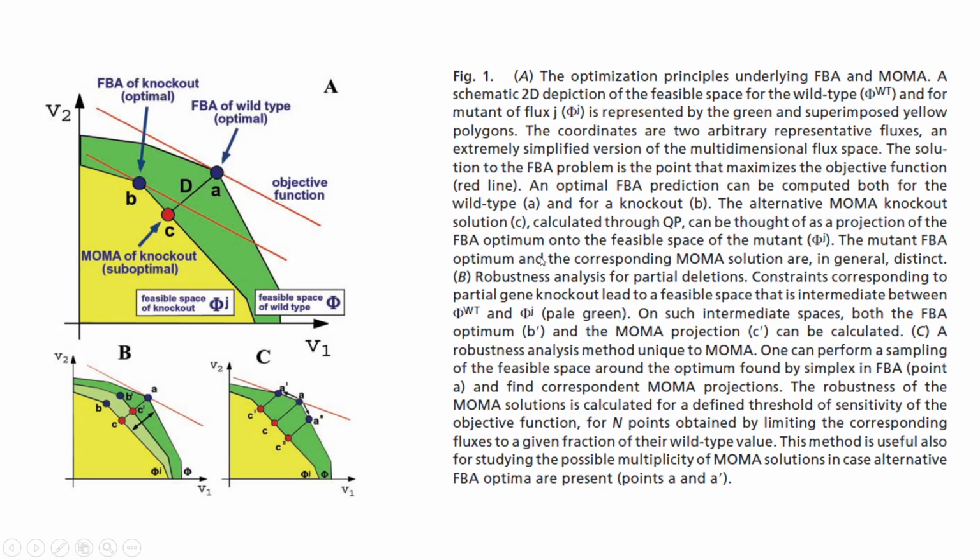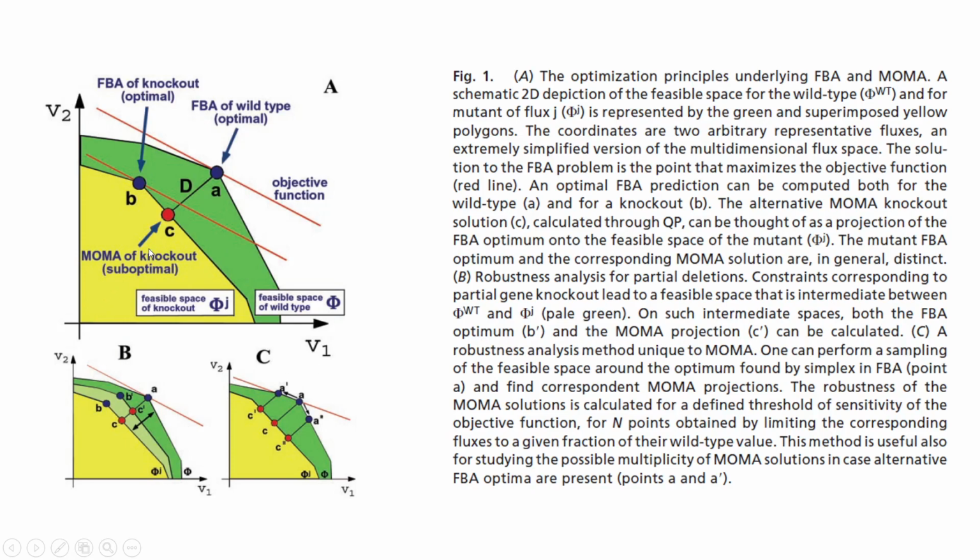The mutant FBA optimum and the corresponding MOMA solutions are in general distinct. Now, robustness analysis for partial deletion has been done in this panel, and constraints corresponding to the partial gene knockout lead to a feasible space that is intermediate between the wild type and the mutant. On such intermediate spaces, both the FBA optimum and the MOMA projection can be calculated.